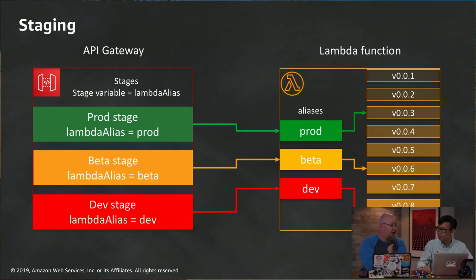Exactly. So what I'm going to do is put that authorization as an authorizer on the dev stage in the API Gateway, and then I'm going to put any code in the back end that I have to change in the Lambda in the latest version. And then as those test, I'll move them into beta so my business can test it, and then finally into production. And so this gives us a lot of control over how we can release.